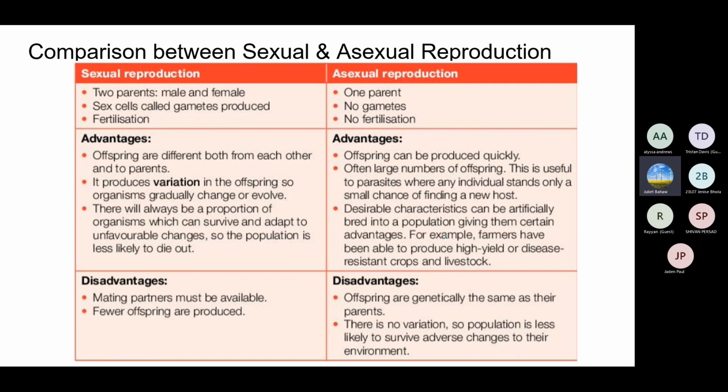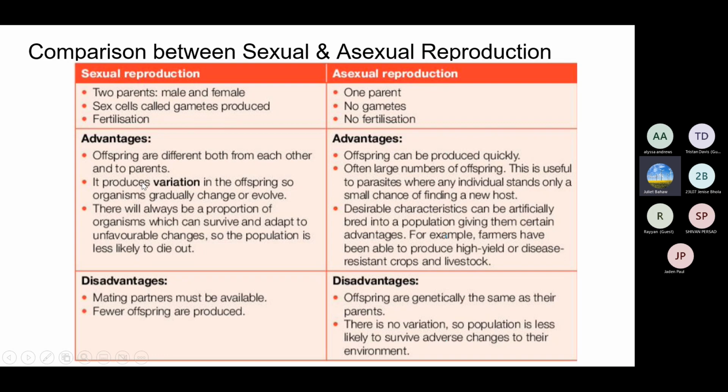Meaning if your parents have, let's say, some genes of poor quality, then you yourself will have poor quality genes and you will not be able to survive or adapt to the environment as well as someone who has good quality genes.